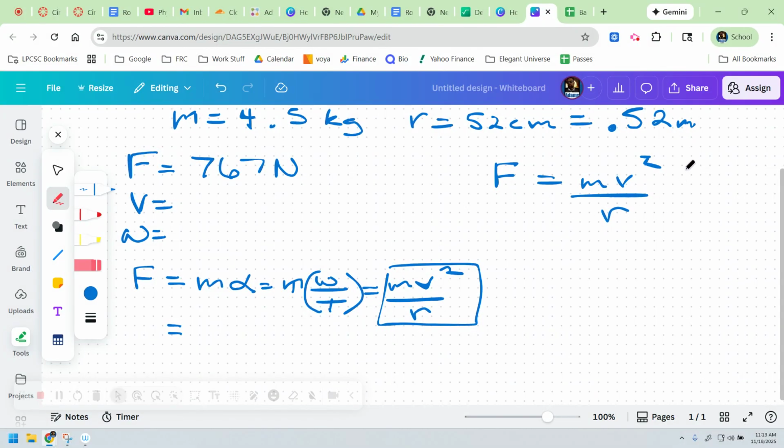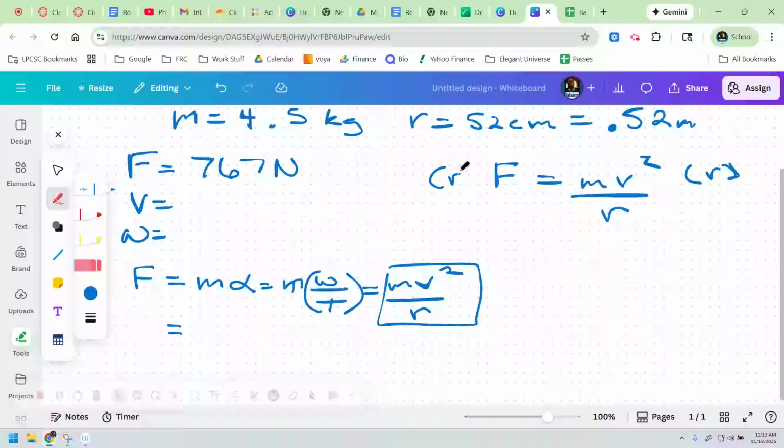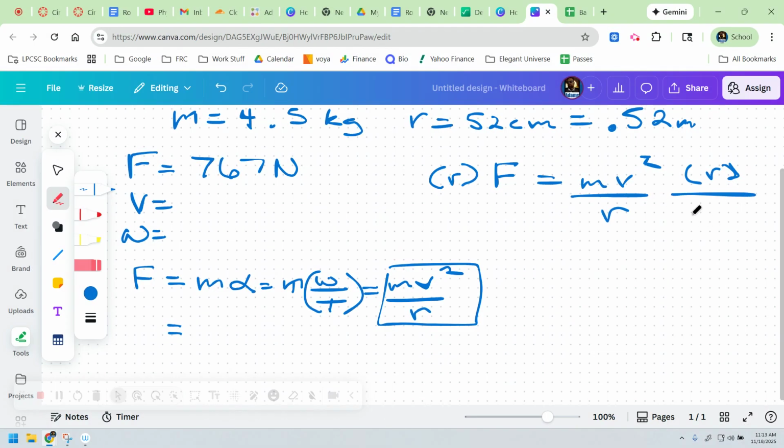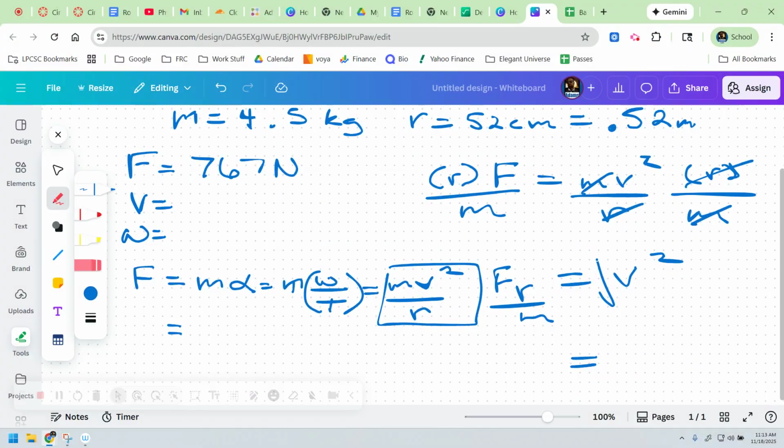So I'm going to multiply both sides by r, and then I have to divide by the mass. This mass cancels, this r cancels, and I get the velocity squared is equal to capital F r over the mass, but I want the velocity, so I have to take the square root of both sides.